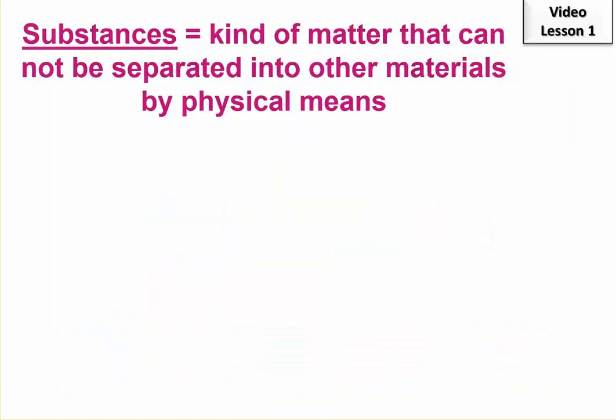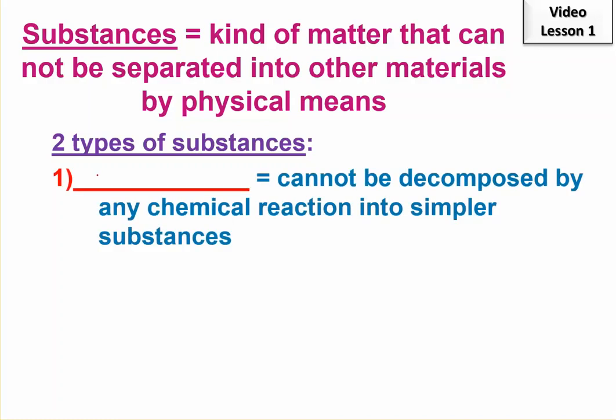So the substances are pure. It means that if you could look at every single little molecule or particle, they would all be the same type. They only have one type of matter. And we said there are 2 types. They are the elements.